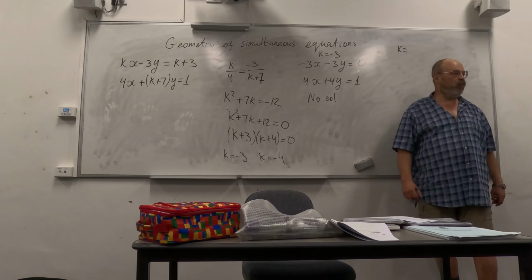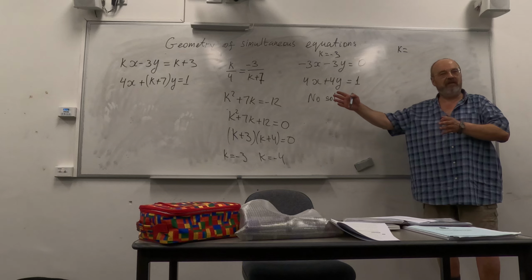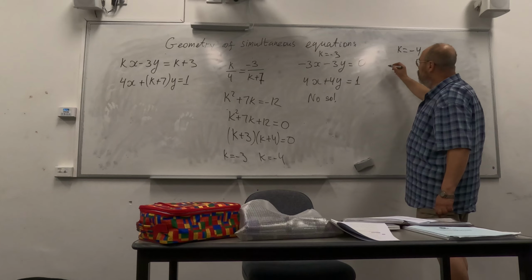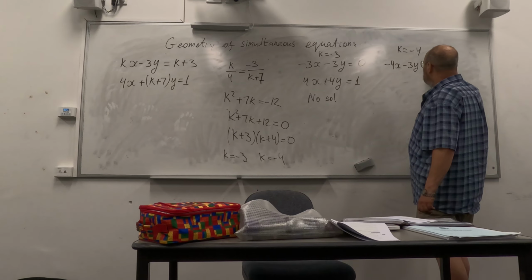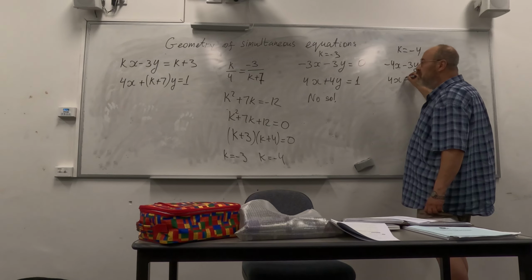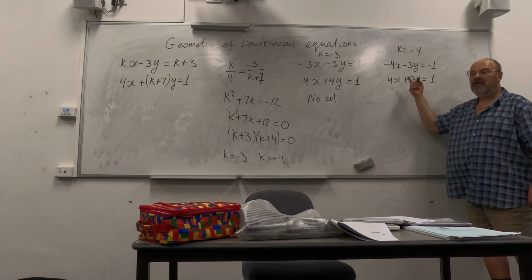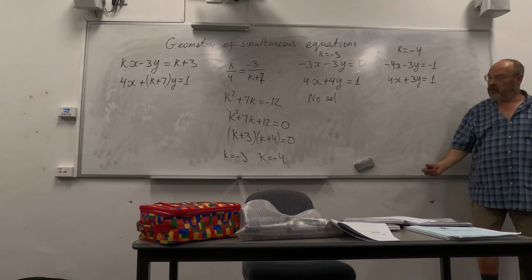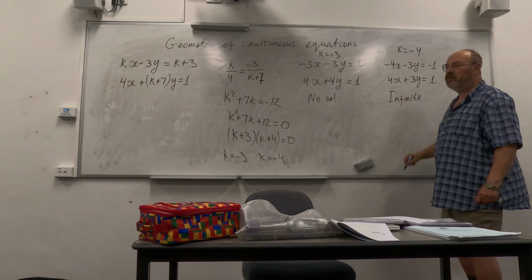You must check both; you cannot conclude about the second from the first. For k equals negative 4, we get negative 4x minus 3y equals negative 1, and 4x plus 3y equals 1. Clearly, it's the same equation. If we multiply this by negative 1, we get the other one. So we have an infinite number of solutions.